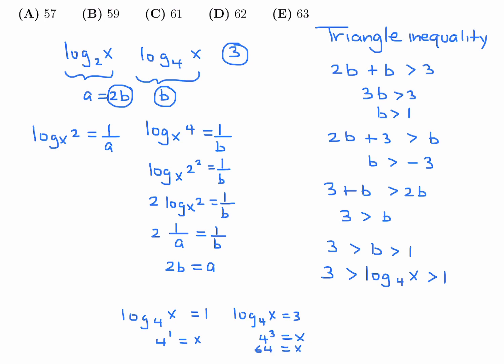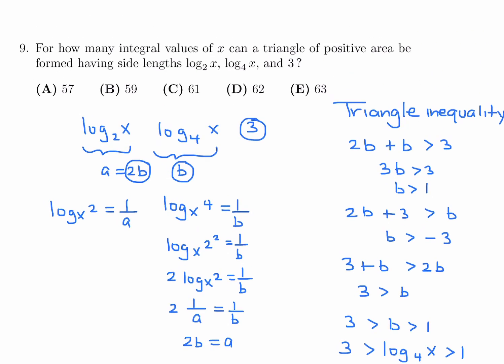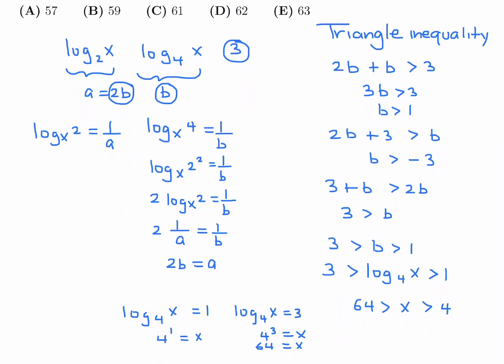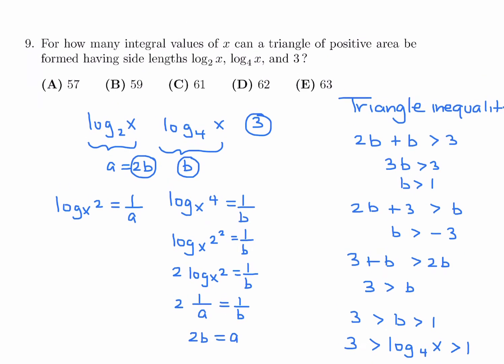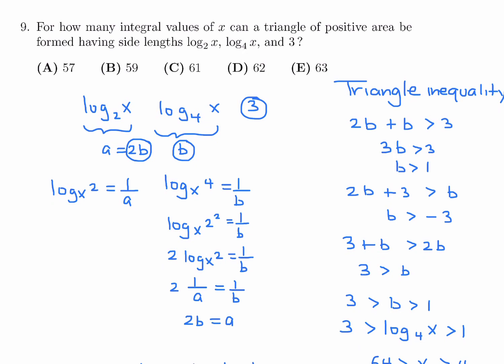So basically, this means that x is greater than 4 and less than 64. So are they integers? Yeah, integral values. So all the integers that are 63, 62, all up until 5. And if you count those, that's 63 minus 4, which is 59 values. So number 9, the answer is B.